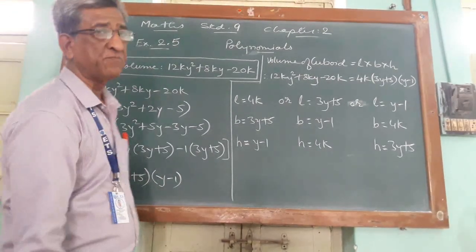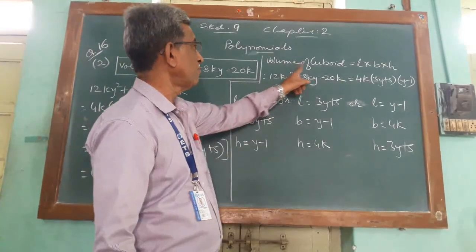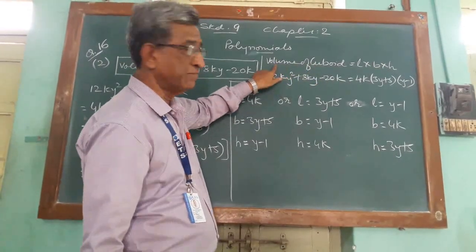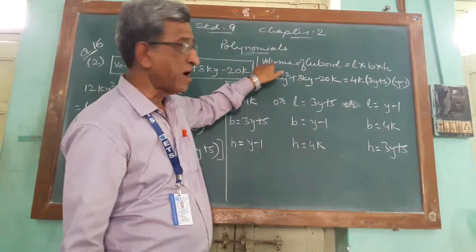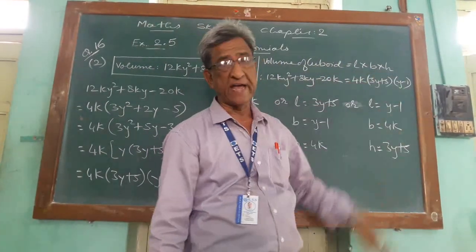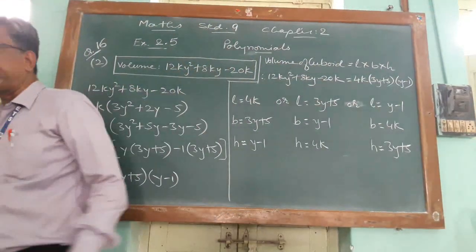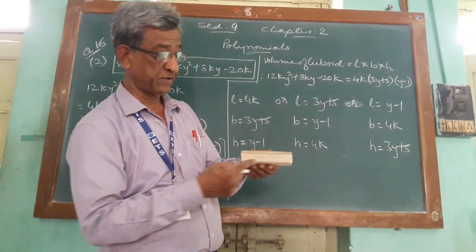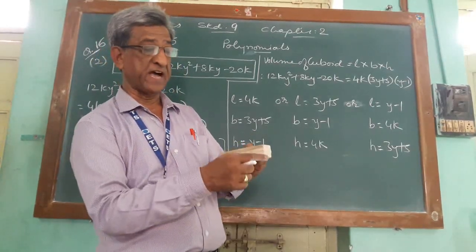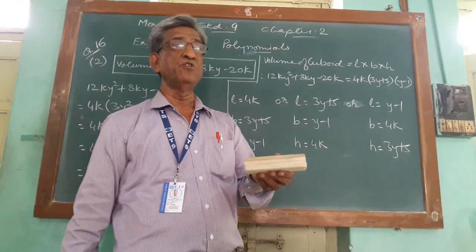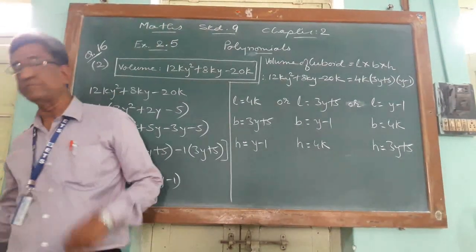Now remember the formula which I told you. Volume of cuboid is equal to L into B into H, that is length into breadth into height. Length into breadth into height will give you the volume of this cuboid.